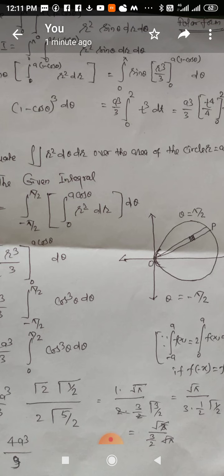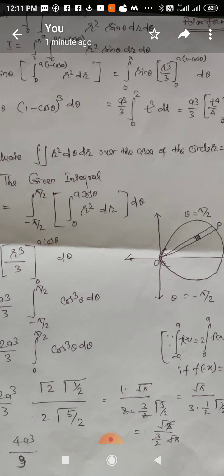Putting a substitution, 1 minus cos theta is equal to t, then sin theta d theta is equal to dt, and changing the limit, it gives a cube upon 3, integral 0 to 2, t cube dt.